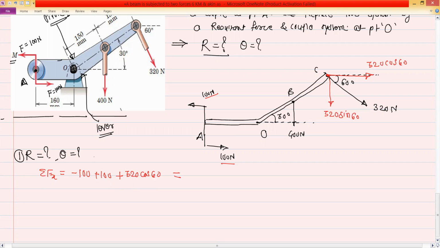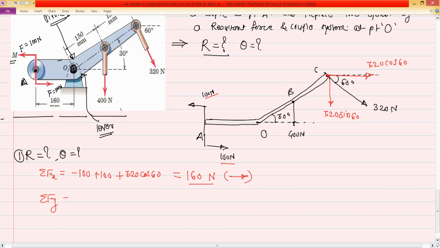So summation Fx will be 160 Newton, and it is positive, so it is in the positive x direction.